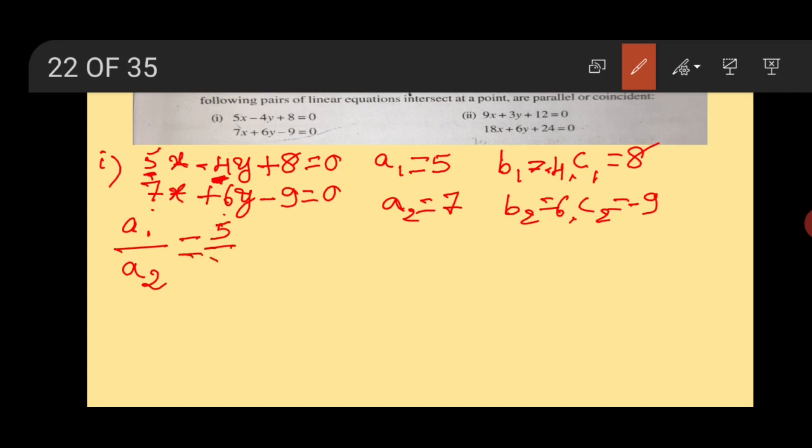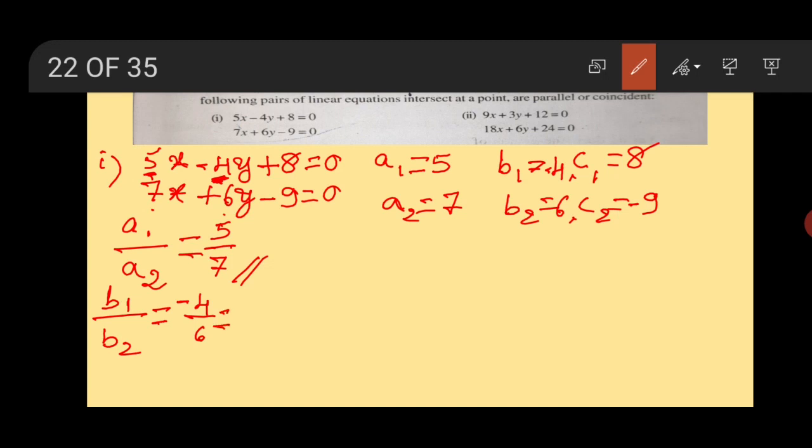First verify the ratio A1 divided by A2. A1 is equal to 5, A2 is equal to 7. So A1 by A2 is equal to 5 by 7. Similarly, find B1 divided by B2. The value of B1 is minus 4 and B2 is equal to 6.